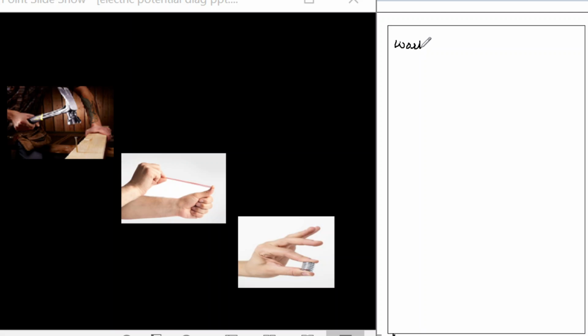work done equals force into displacement. So whatever work is done by the hammer on the nail, due to that work done, the nail will be displaced in the table.